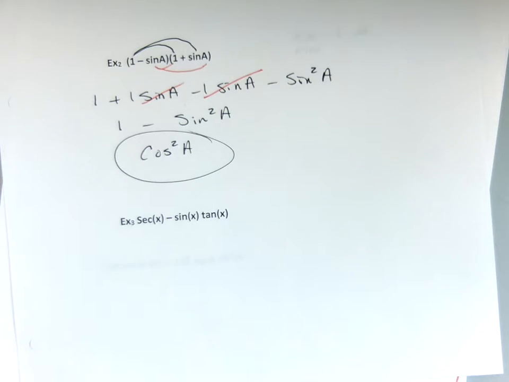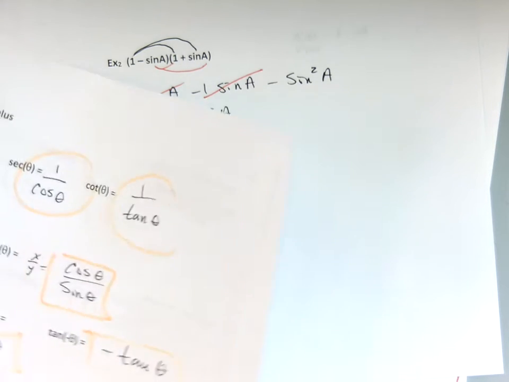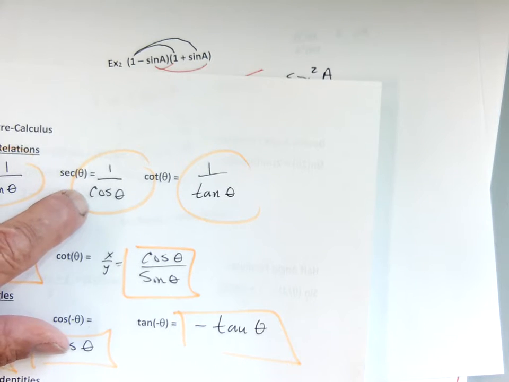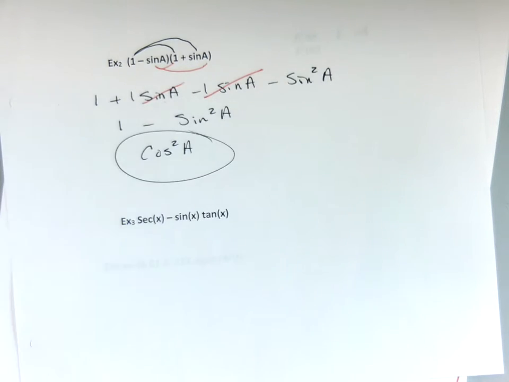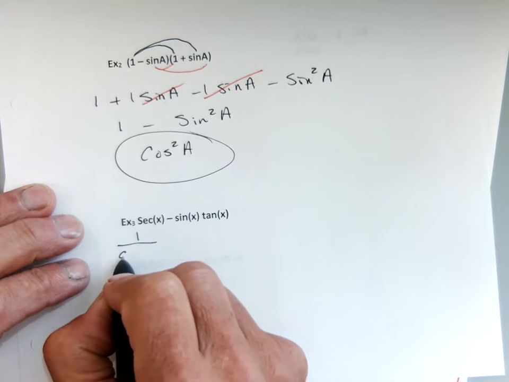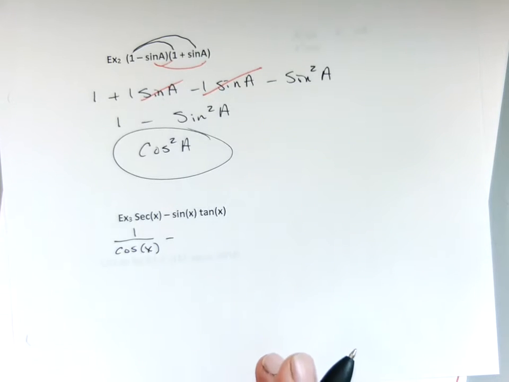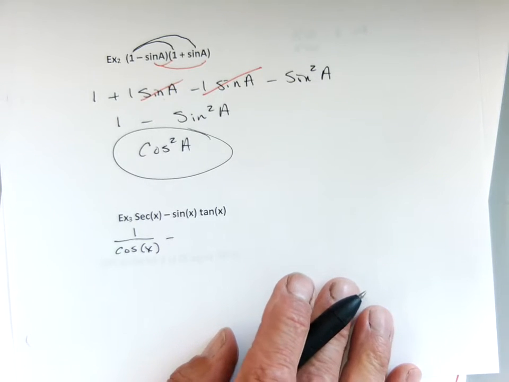Okay, so let's look at our identity sheet and see if we can see anything, okay? So secant. What do we know about secant? Okay, it's 1 over cosine, right? So let's rewrite this as 1 over cosine of x, okay? Sine and cosine, always leave as sine and cosine, okay? Does that make sense?